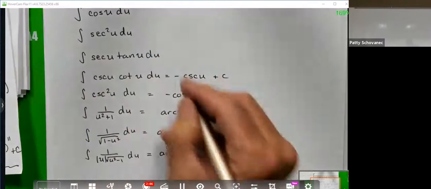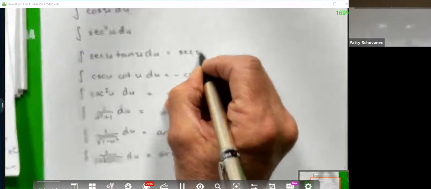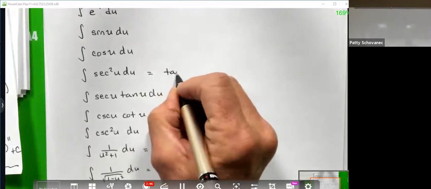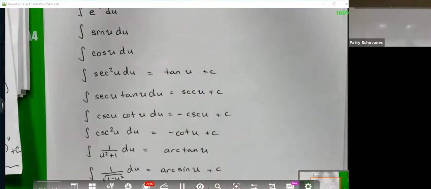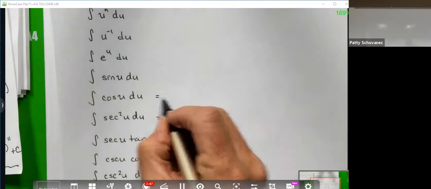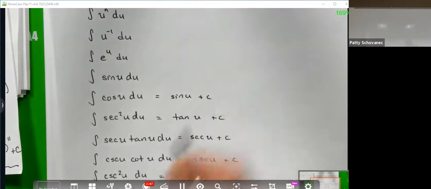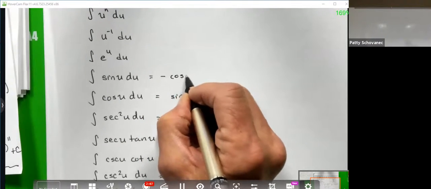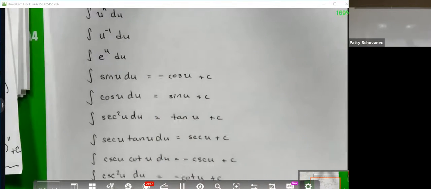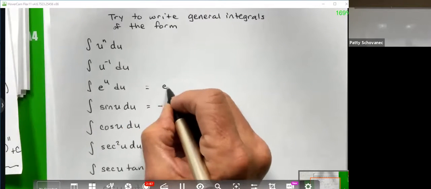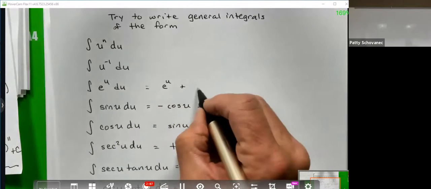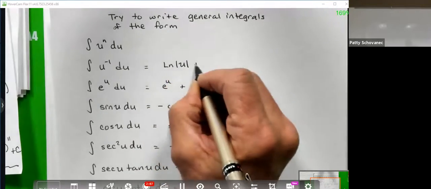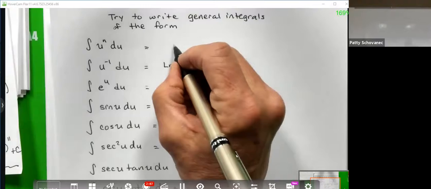The function who has that as its derivative is a secant of u. Secant squared comes from taking the derivative of a tangent. Cosine comes from taking the derivative of a sine. Sine comes from the derivative of a minus cosine. Derivative of e gives you e, so the integral of e will give you an e. This one was the natural log. And this one was our power rule.